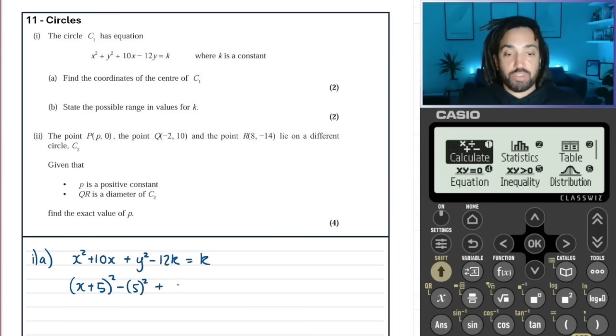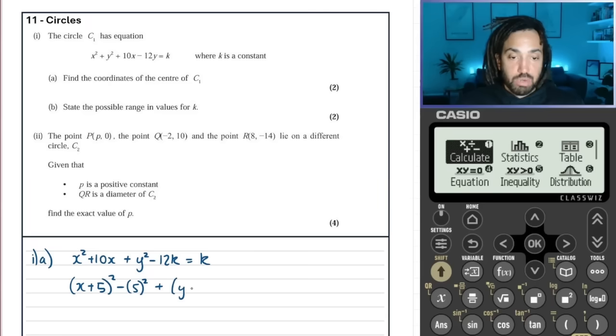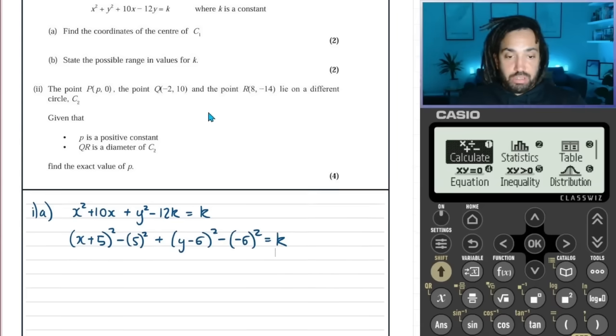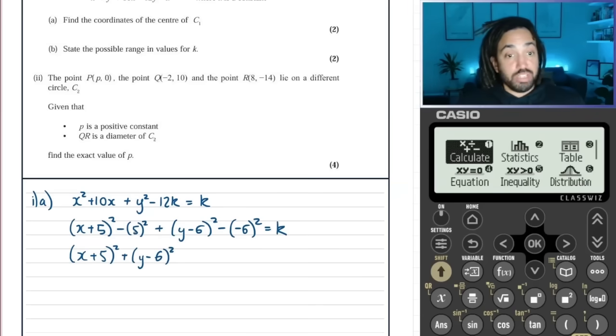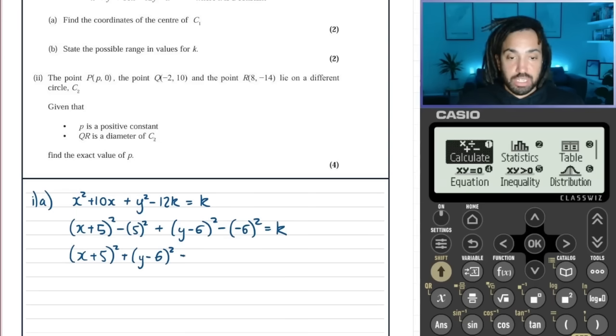And let's do the same for the y. So we half this number here, so half of minus 12 is minus 6. So we say y minus 6 squared minus, and then that number again is minus 6 squared, and that equals k. Okay, great. So we can say that's x plus 5 squared plus y minus 6 squared, and then this minus 25 here goes to the other side, and this minus 36 goes to the other side.